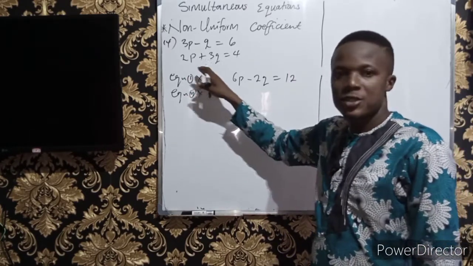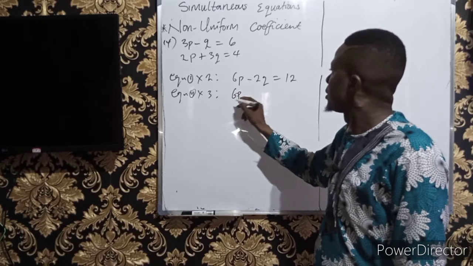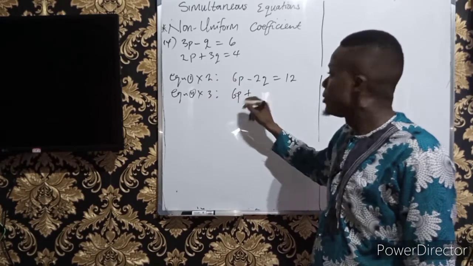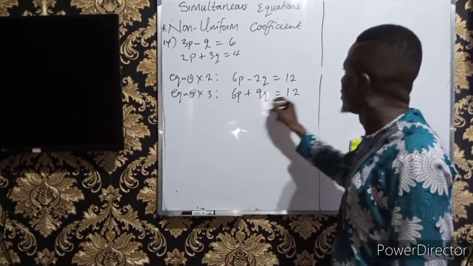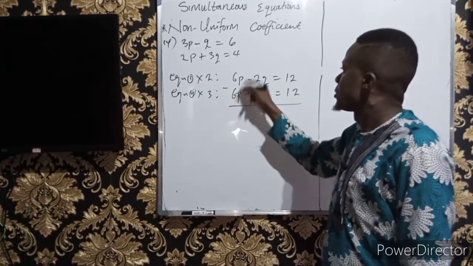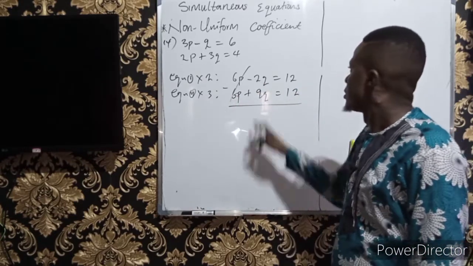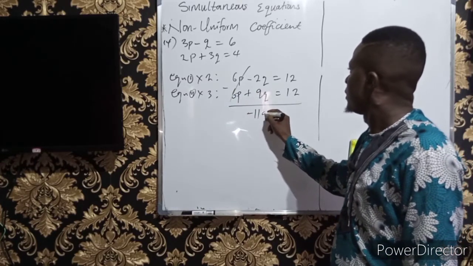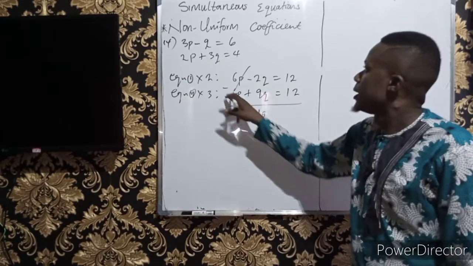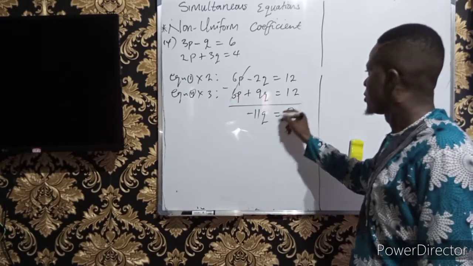So I have 3 times 2p will give us 6p. 3 times 3q will give us 9q. And 3 times 4 will give us 12. So we are subtracting. This has gone. So minus 2 minus 9 will give us minus 11q. 12 minus 12 is just equivalent to 0.